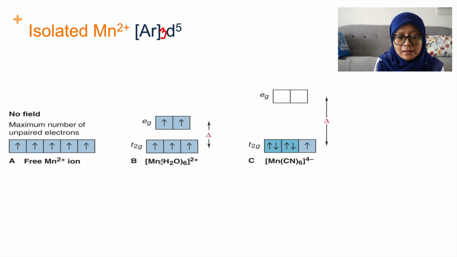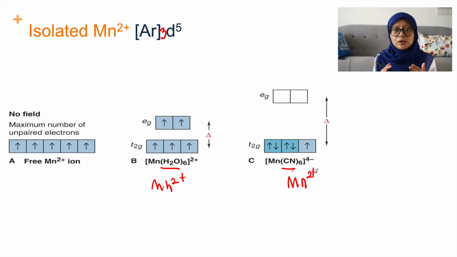This manganese reacts with water, a weak ligand, and here we have complex B. And in complex C, we have manganese reacting with cyanide. This is also manganese 2 plus, and this is also manganese 2 plus. But the main difference between B and C is the type of ligand. So first one here, this is H2O, a weak ligand.